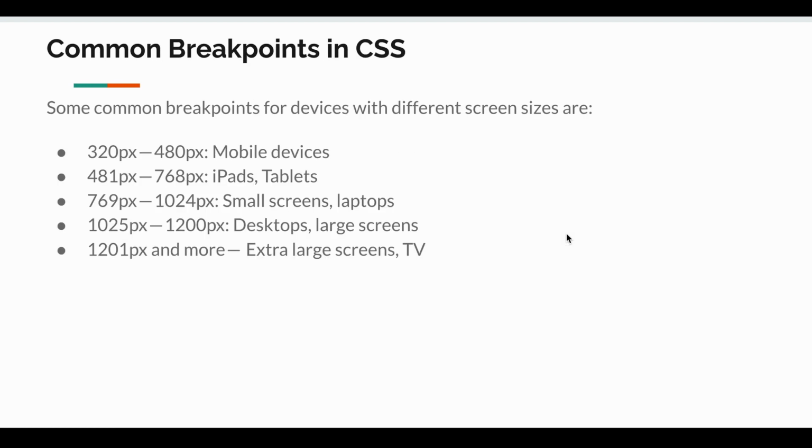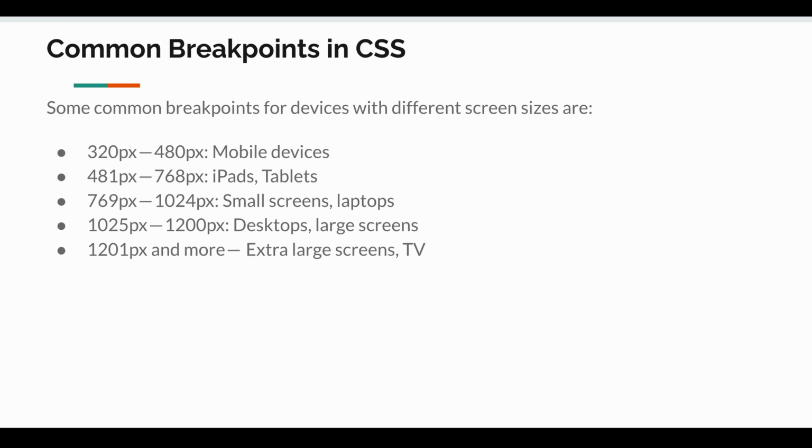Now we have common breakpoints in CSS. You're not restricted to these values, but these values can give you a guide on the kind of breakpoint values that you can use.